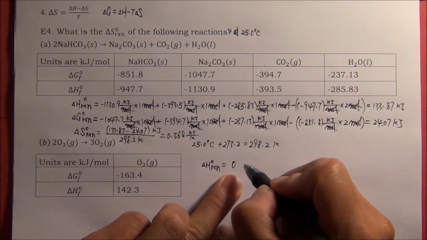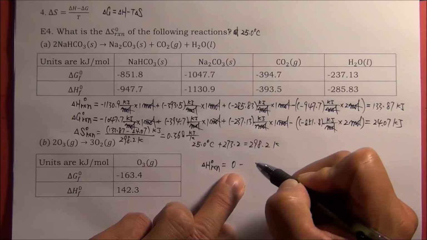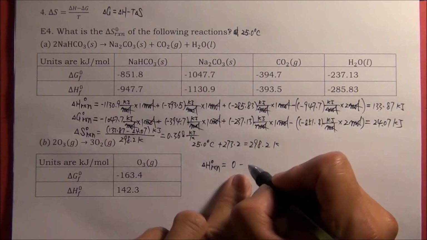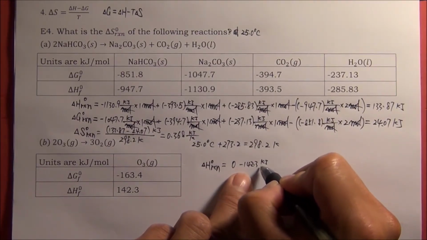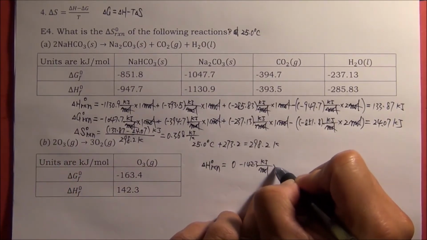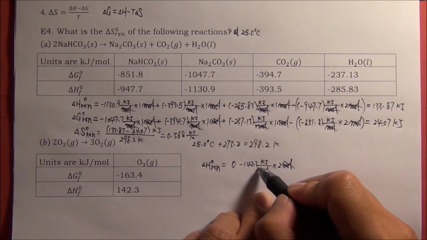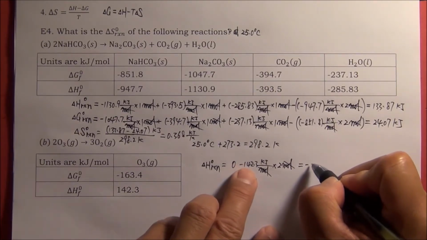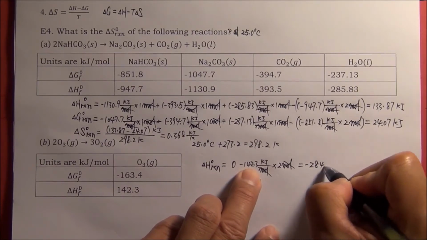So we should have 0 minus the value for ozone gas, which is 142.3 kilojoule per mole, and then we have 2 moles, so we multiply by 2 moles. The moles will cancel. The answer we get will be negative 284.6 kilojoules.